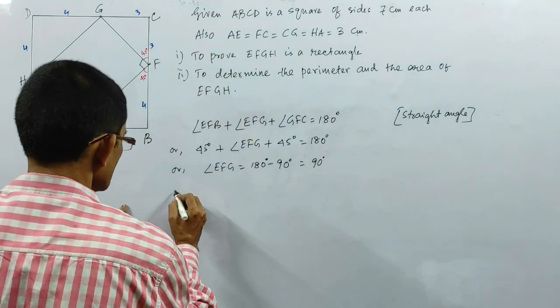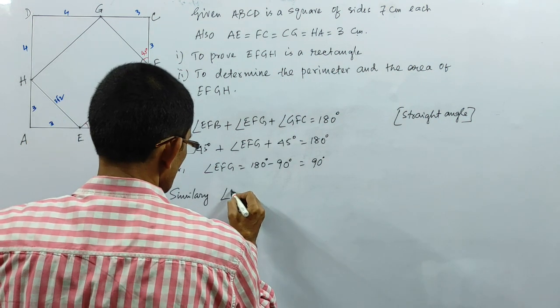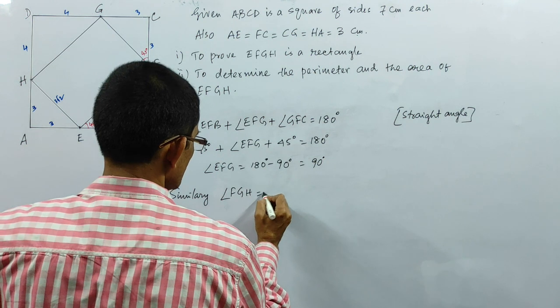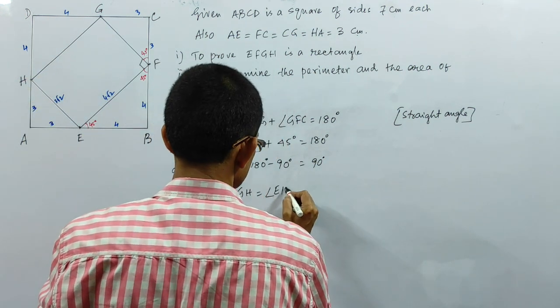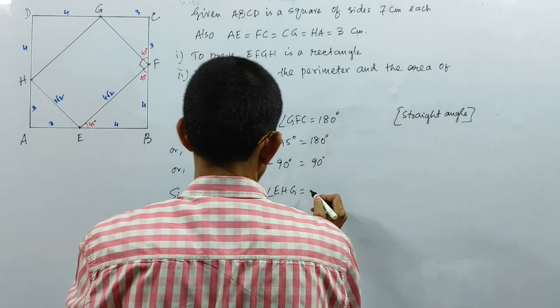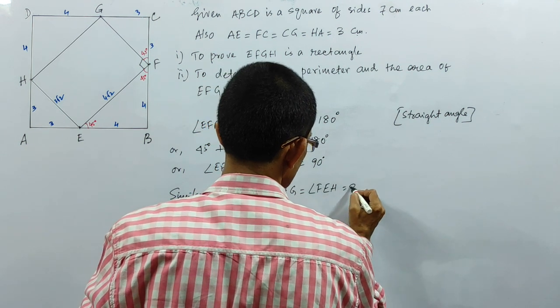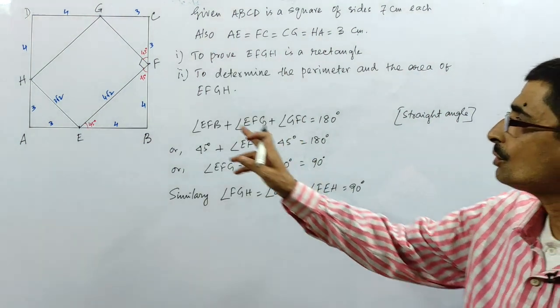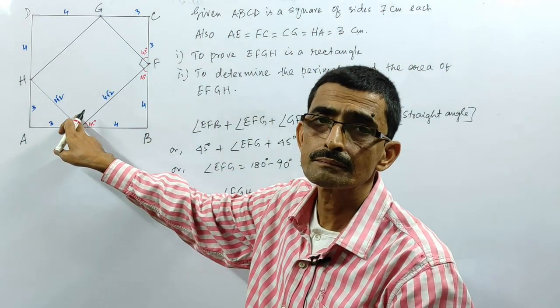Let us write. Similarly, angle FGH is equal to angle EHG is equal to angle FEH is equal to 90 degrees. So all the interior angles are 90 degree each.